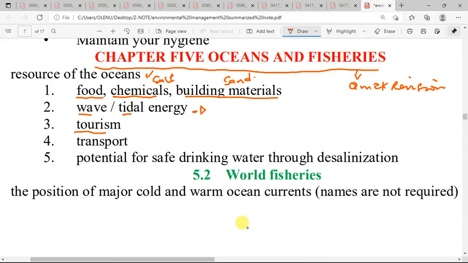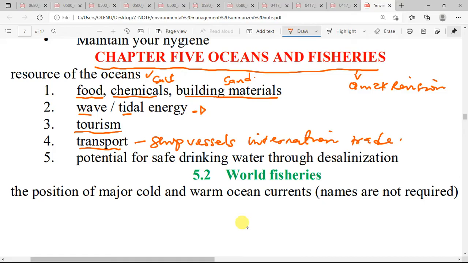Then tourism, and transport, such as when you have ship vessels that aid in international trade. You can get this from the ocean also. So there is potential for safe drinking water.